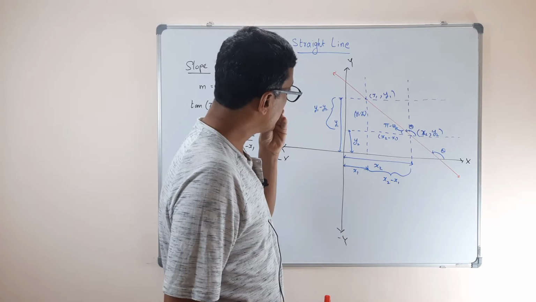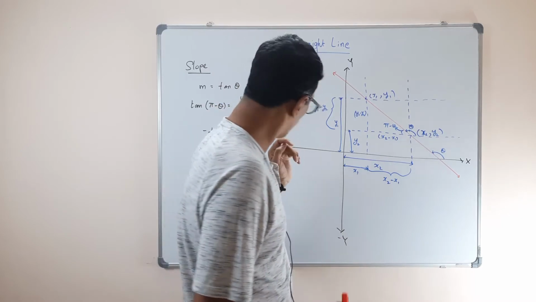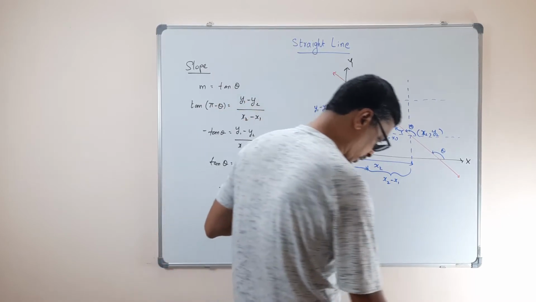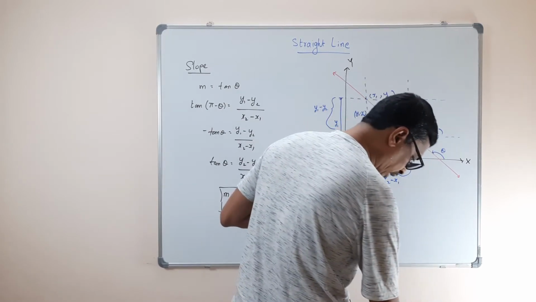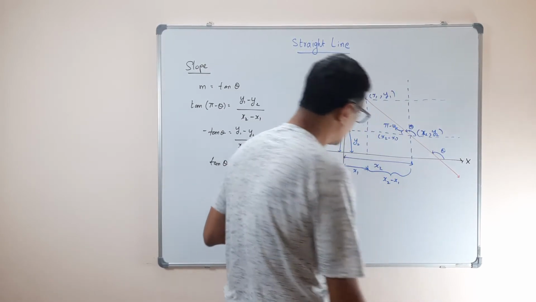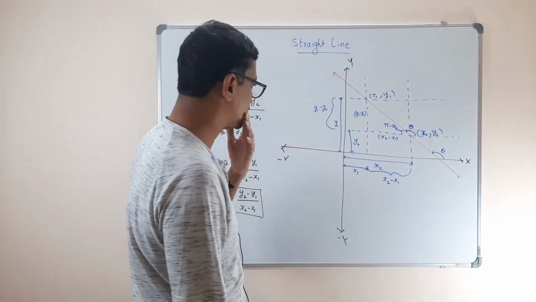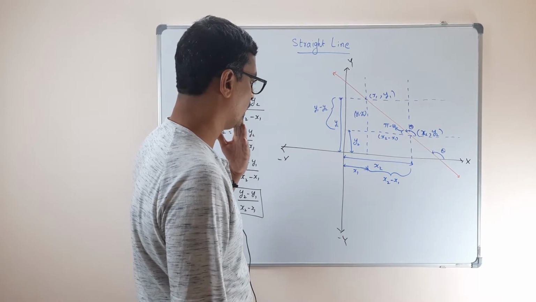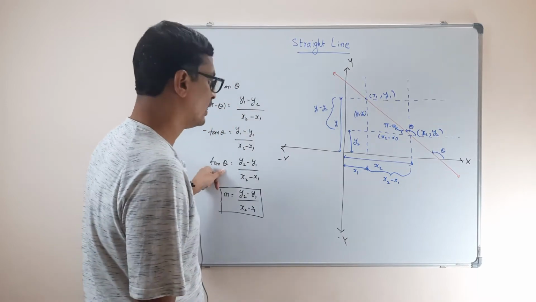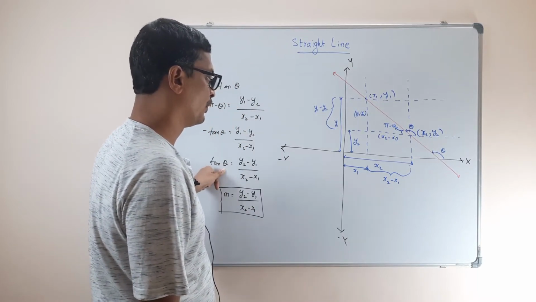Okay. And now, so this is what we got for this. We can extend it also. What will be the slope of your x-axis? Tell me. Tan theta, no? Opposite side is 0.